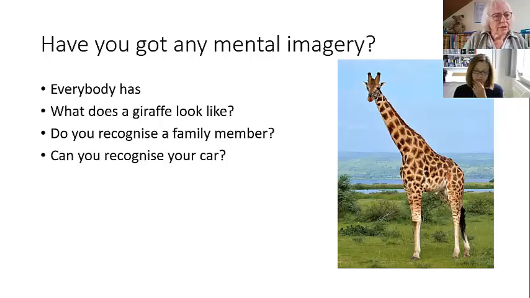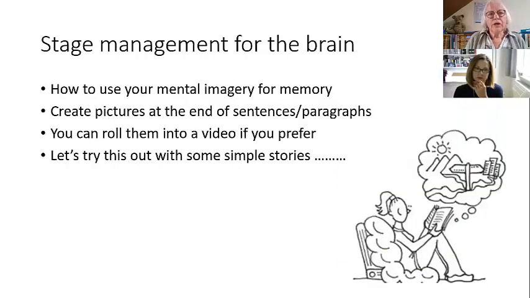Then we come on to the different thing, which is things that you're now making up, pictures that you're now making up in your head, which may or may not be things you've ever seen before. And you're allowed to make up whatever version you like. So this is what I call stage management for the brain.